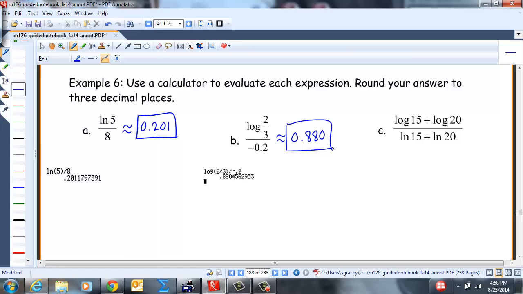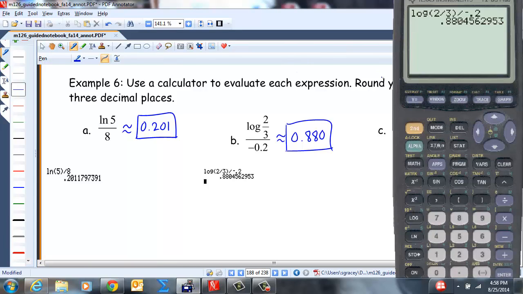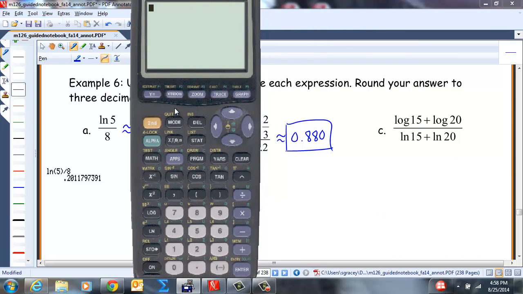All right, and then the third one has a bit going on. We need to be careful. We need to put parentheses around the numerator and the denominator.